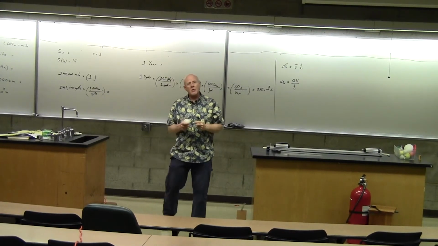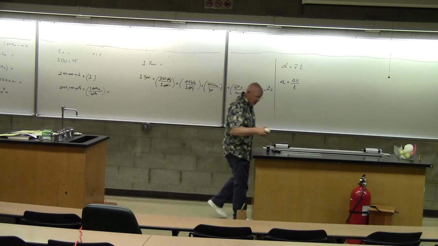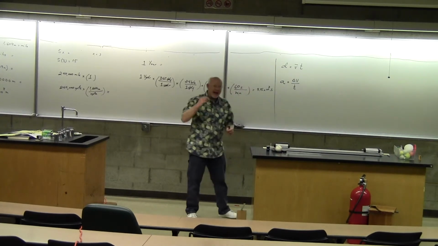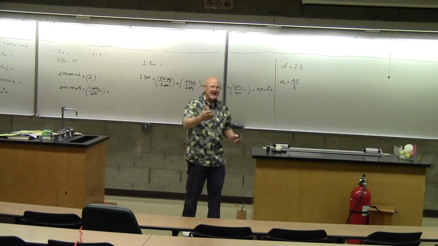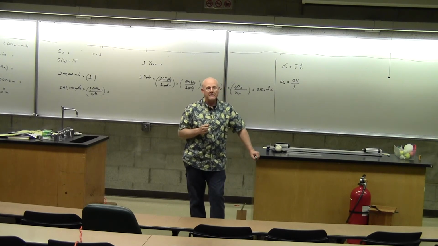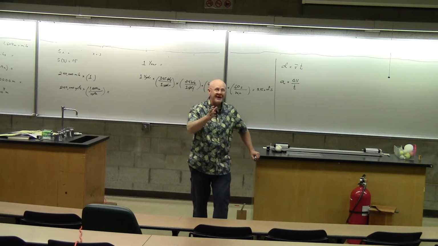And I might ask this question, and listen carefully to the question. The question could be one of two ways. It could be, say, after 10 seconds, how fast is it going? Don't confuse that with, after 10 seconds, how far has it gone?